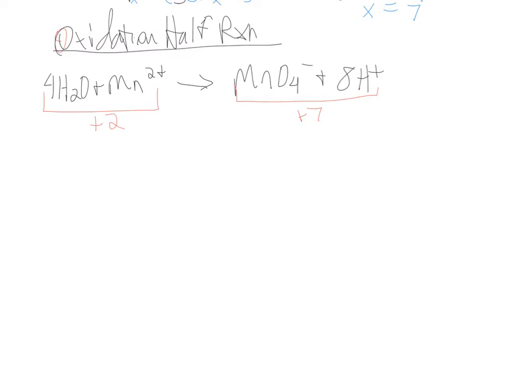To make the charges match, we can only reduce the charge on the side that has a higher charge. You can only add electrons. So where we see a +7, we need to add 5 electrons. The difference between 2 and 7 is 5, which means we knock the charge down on the right side to a +2, and now the charges match on the left and right sides of the equation.